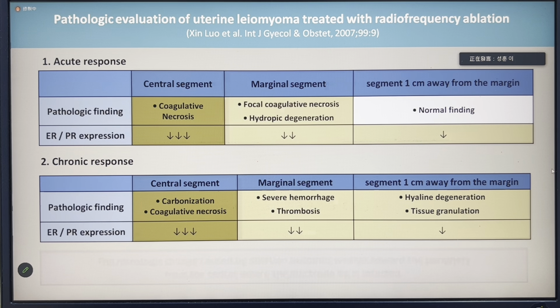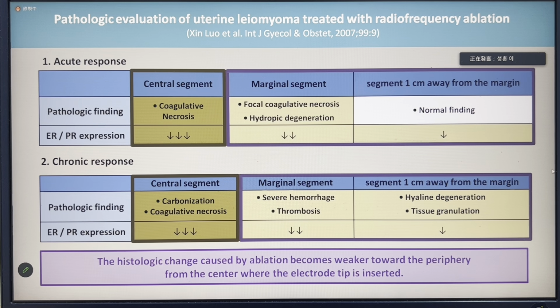If you look at the pathological finding after RF myolysis, complete coagulative necrosis can be seen in the central segment, but as you go to the marginal segment, the coagulative necrosis becomes incomplete.